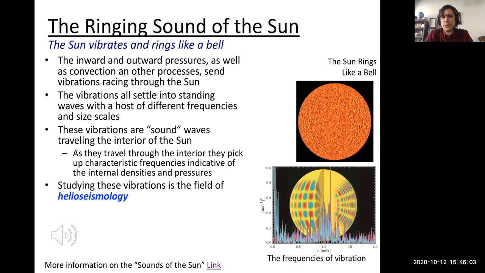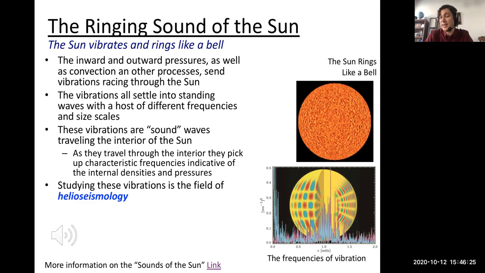Studying these solar vibrations is a field of study called helioseismology. Just like we use seismology, the study of seismic waves generated by earthquakes on Earth, to determine the interior structure of the Earth, we can use these sound waves traveling through the sun to study the interior of the sun.